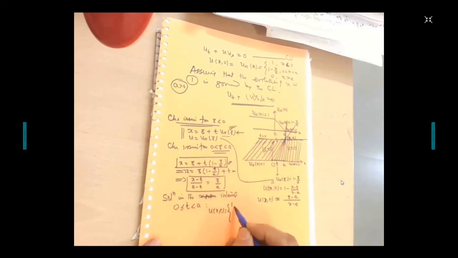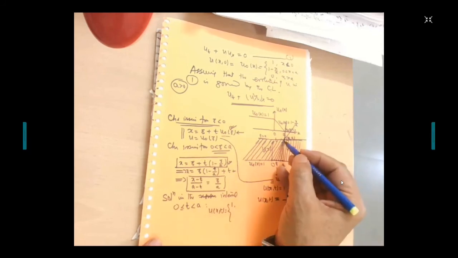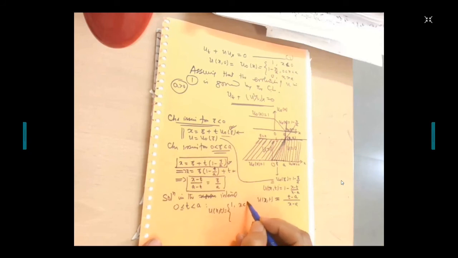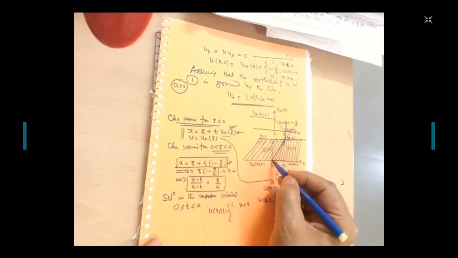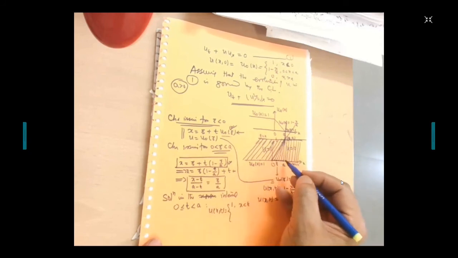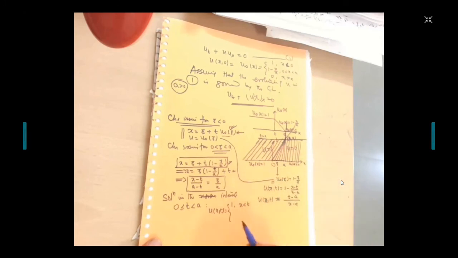Here is the line x is equal to t, and x is less than t. In this interval, this is x is equal to t, and this is x is equal to a. Here you use this expression, t minus a divided by x minus a. Excuse me, it should be x minus a by t minus a.